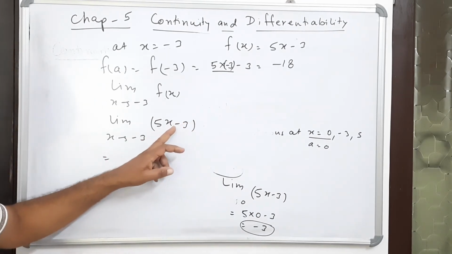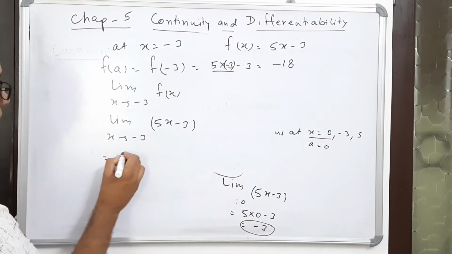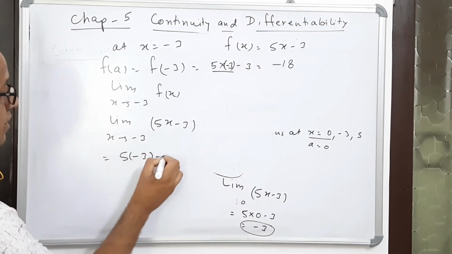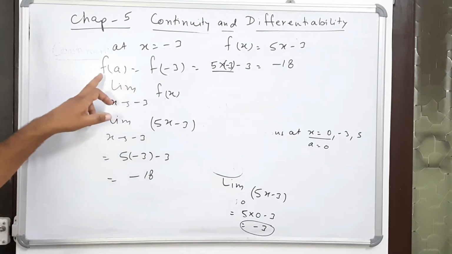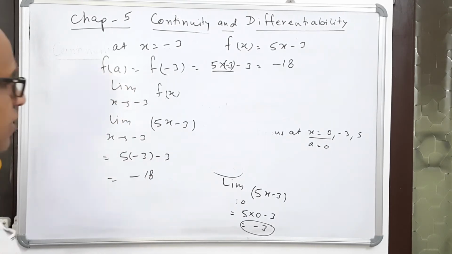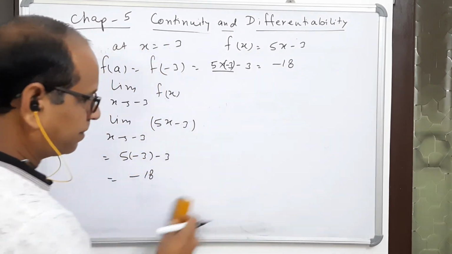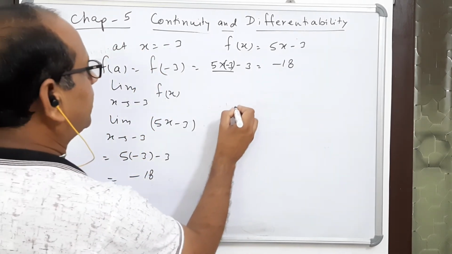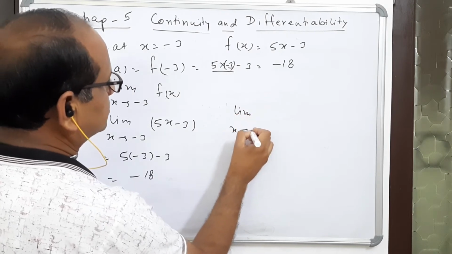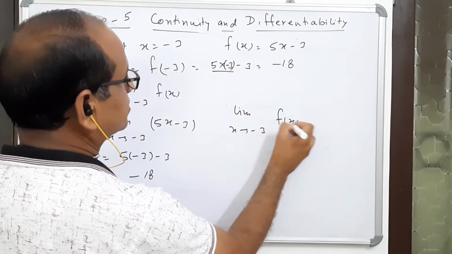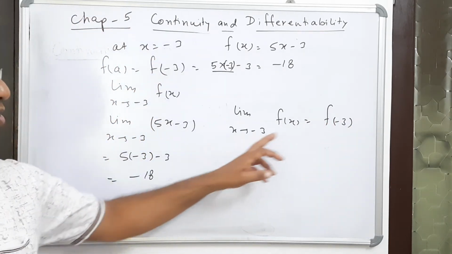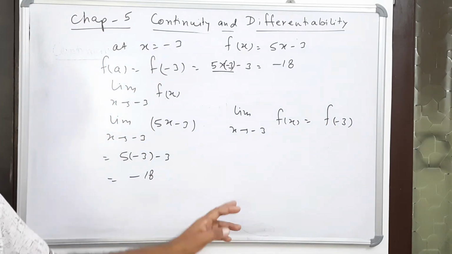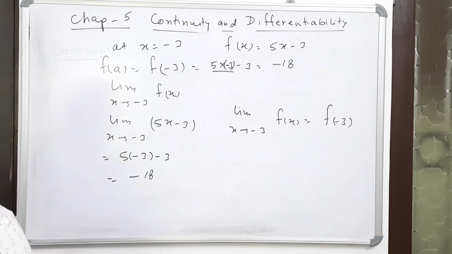Now you put the value of x as minus 3, that is the direct method. So 5 into minus 3 minus 3. So the answer is again minus 18. So what is your observation here? The observation is that the limit as x tends to minus 3 of f(x) is equal to f(minus 3). These two are equal. So we can say that the function is continuous at x equals minus 3 also.